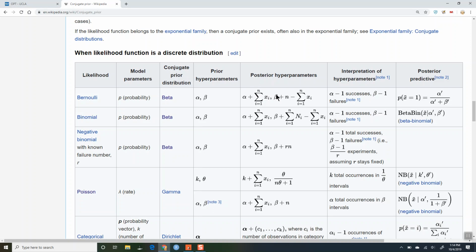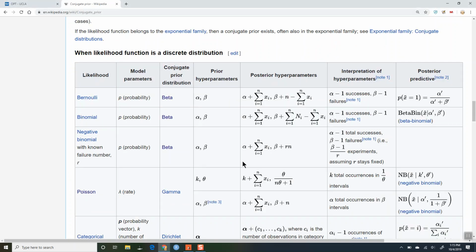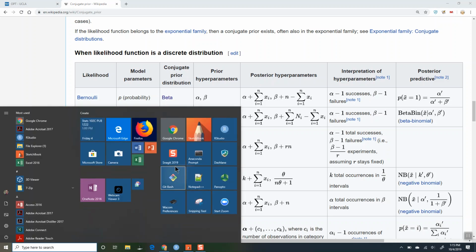The other parameter, 219, will be 219 plus n, a total of 10 observations, minus 5. So 219 plus 10 minus 5 gives us 224. The math that we did similarly lines up with what we calculated here.